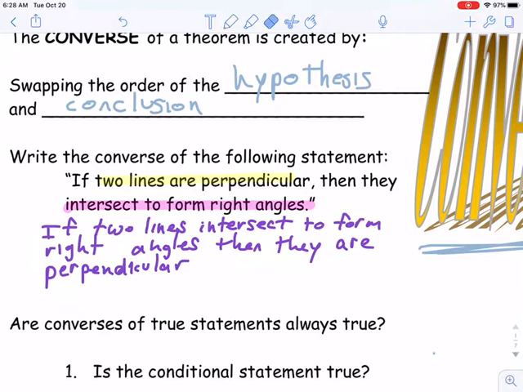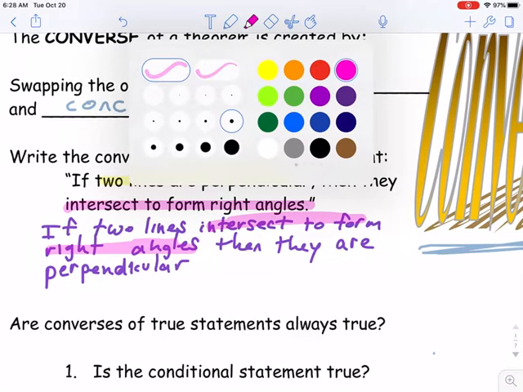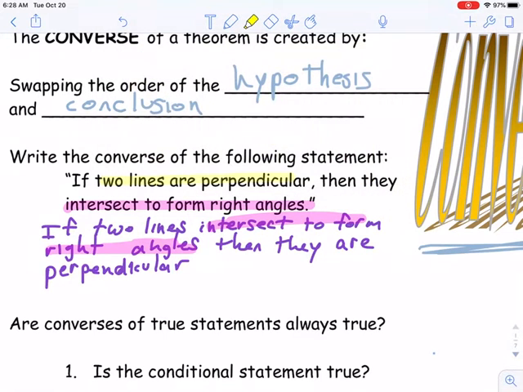All right, so recall, intersecting to form a right angle went up front, became the hypothesis, and are perpendicular became the conclusion. So that's it. That's the converse of a statement.